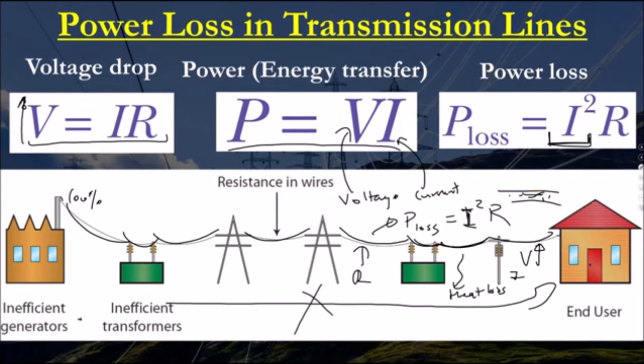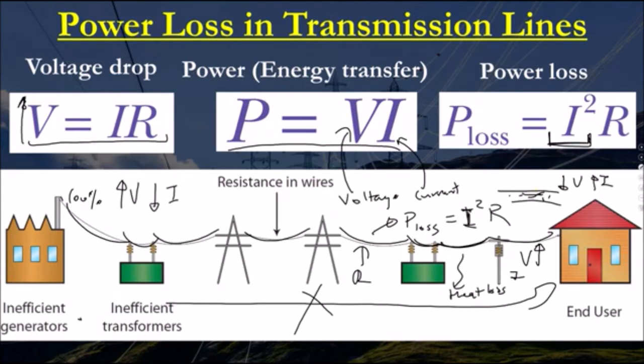So that's how they convert from high voltage to low voltage towards us. From the generators, it's high voltage equals low current. Towards us, they reduce the voltage to increase the current again.